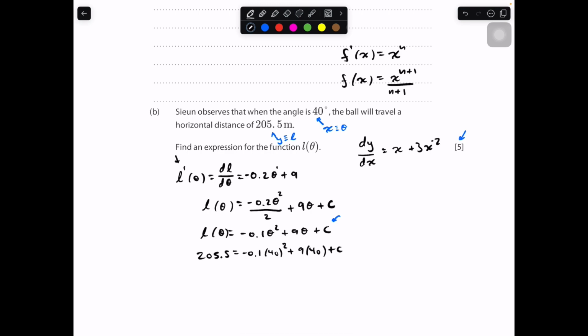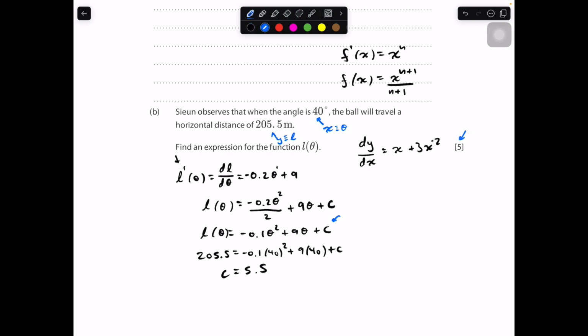I'm going to go to the calculator really quick. And actually I'm going to use the calculator that I have beside me right here. 40 squared times negative 0.1 plus 9 times 40. And then let's take that away from 205.5, and we get a value of c equal to 5.5.